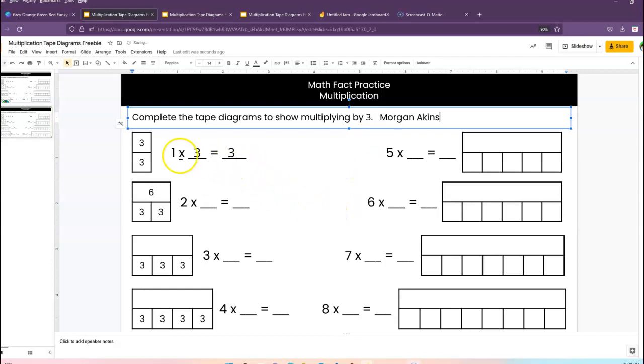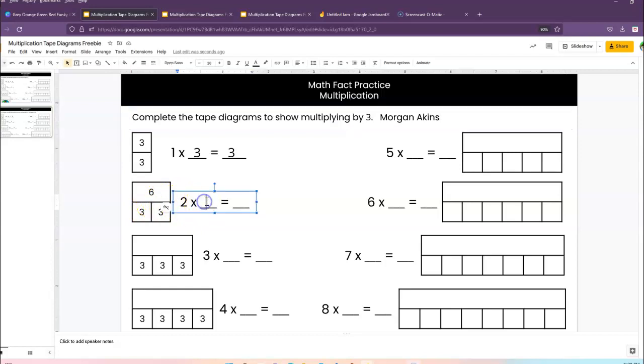And you're going to complete this math fact practice multiplication sheet. So we have 1 times 3. So we have 3, and then it's 1 times 3 equals 3. 2 times 3 equals 6. So we have 2 3s equals 6.